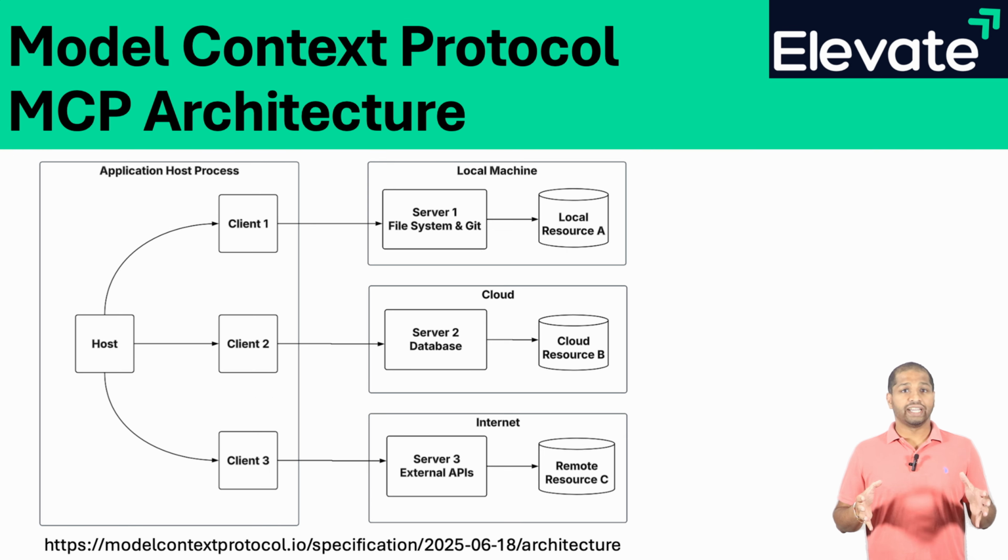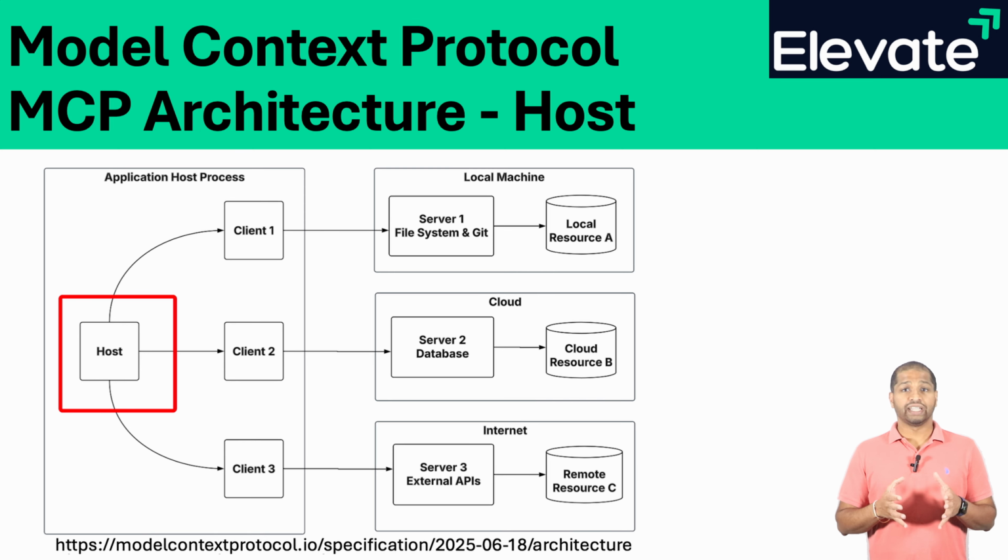Now let us consider the architecture of MCP. MCP follows a client-host-server architecture where each host can run multiple client instances. This architecture enables users to integrate AI capabilities across applications while maintaining clear security boundaries and isolating concerns.